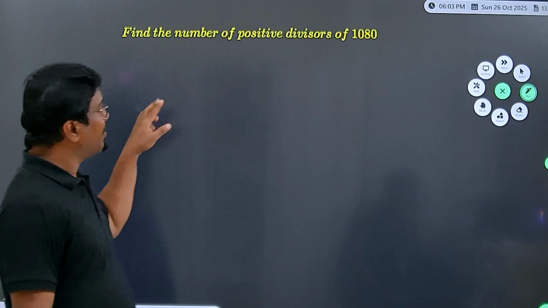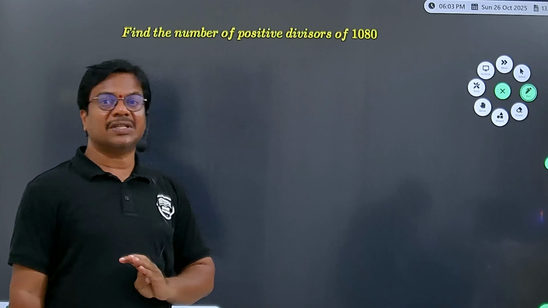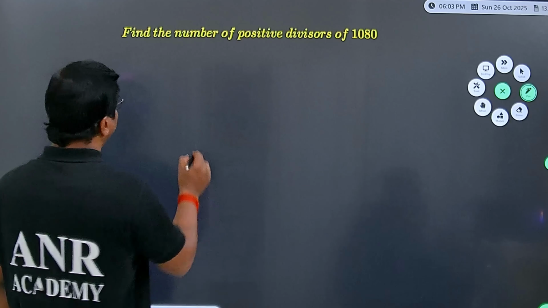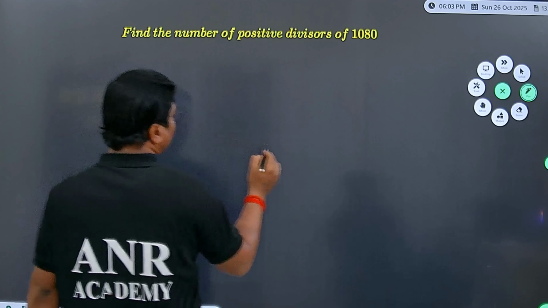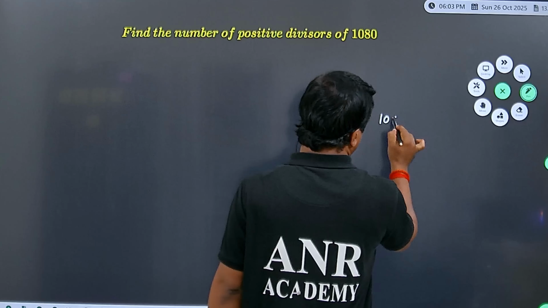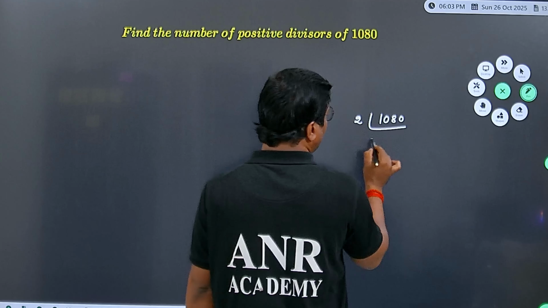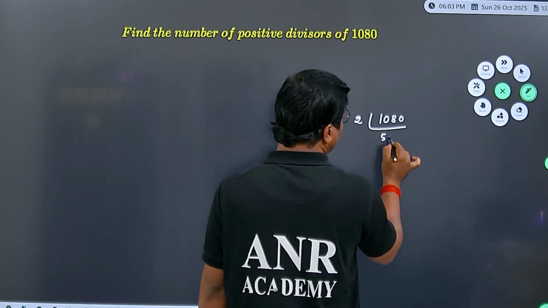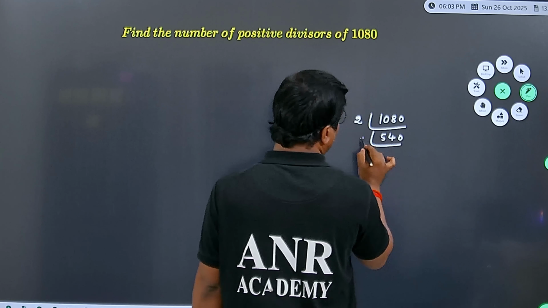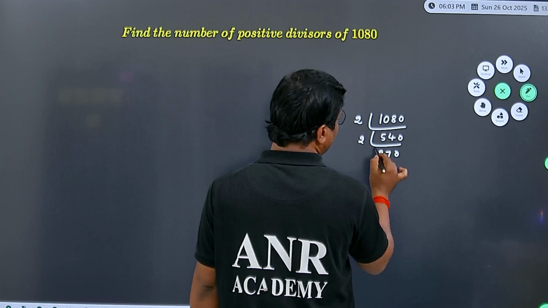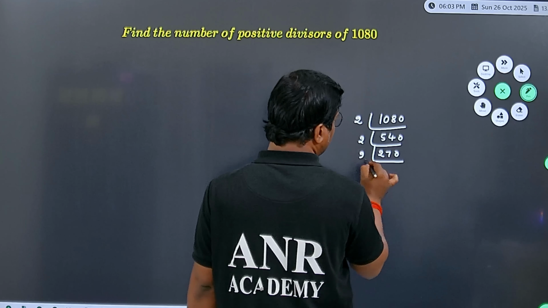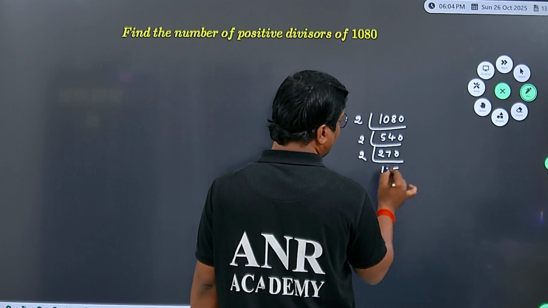Find the number of positive divisors of 1080. For 1080, prime factorization: 2 5s are 10, 2 4s are 8... next 2 2s, 2 7s... next 2 1s, 2 3s, 2 5s.